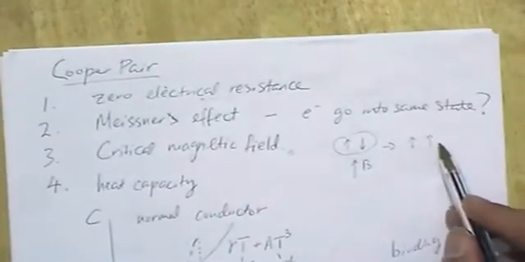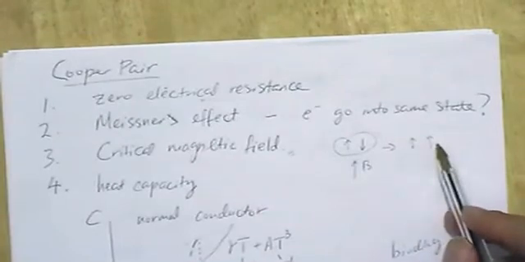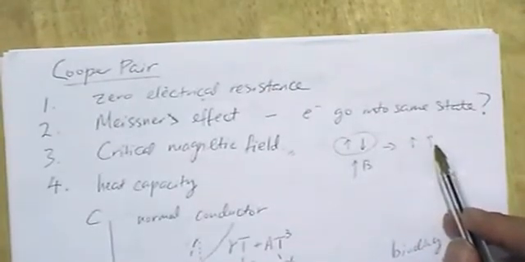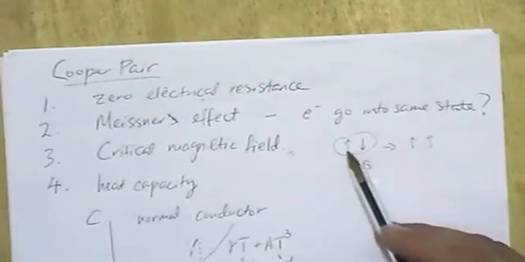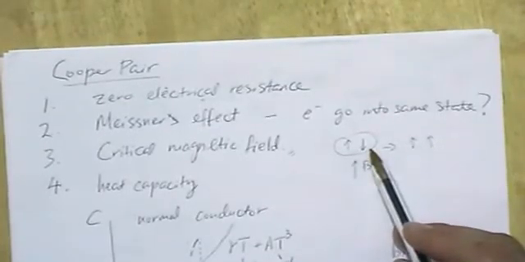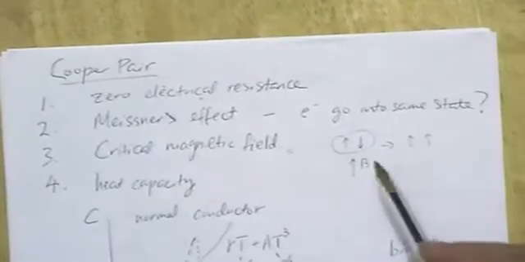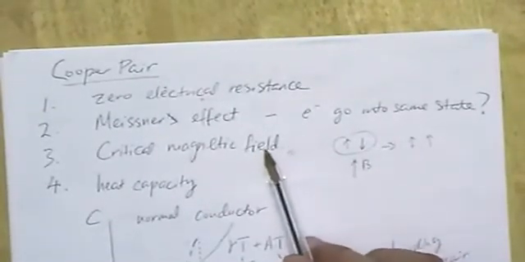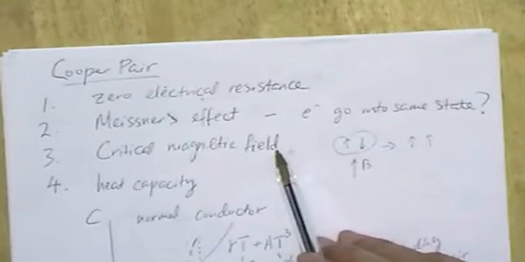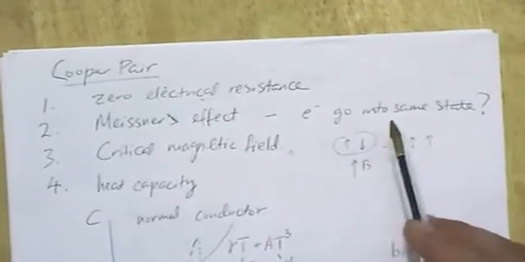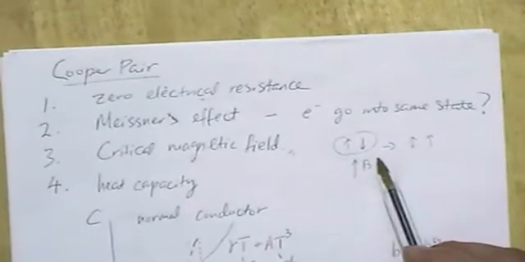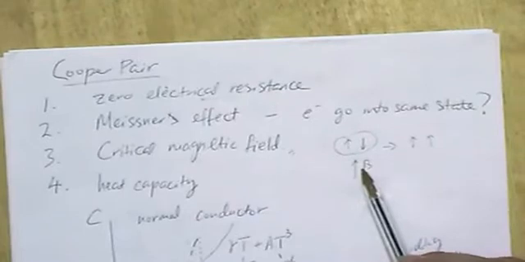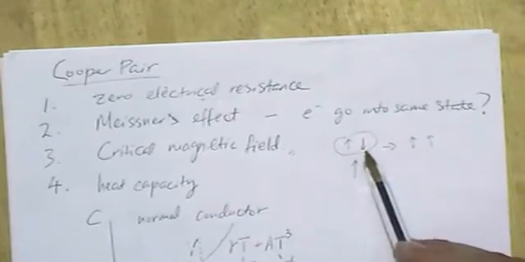But if this happens, then the two electrons can no longer be in the same state, and therefore the Cooper pair would be broken up. So this explains why, when the magnetic field is big enough, it stops being superconducting. The reason is simply that the field breaks up the Cooper pair.